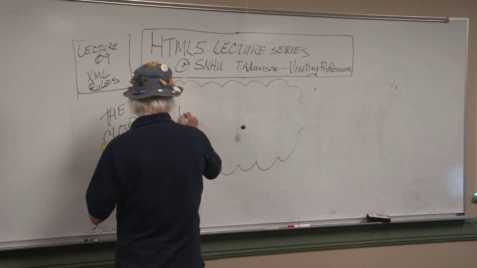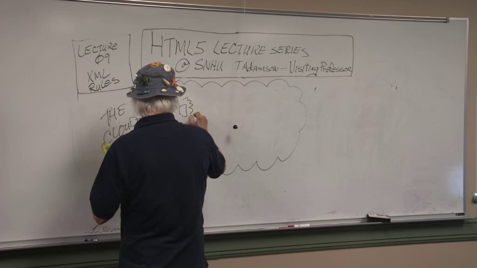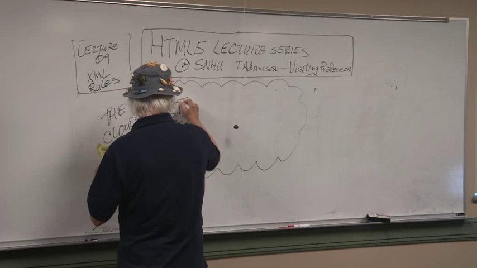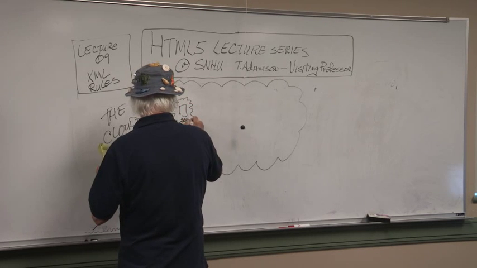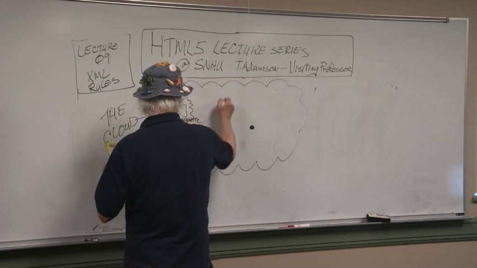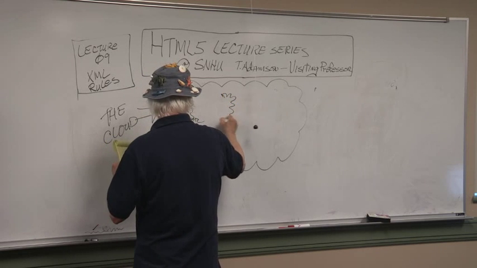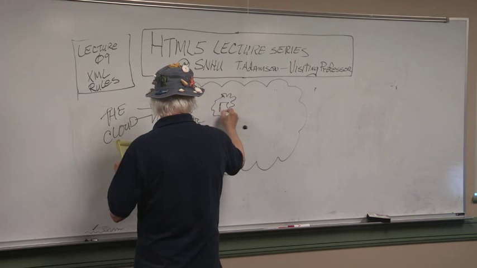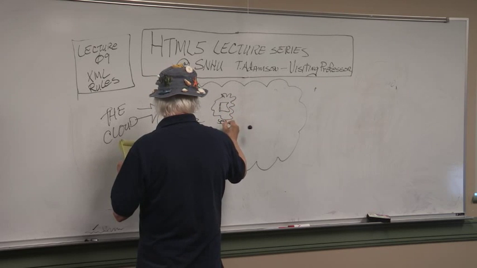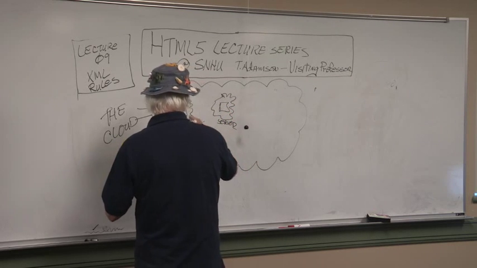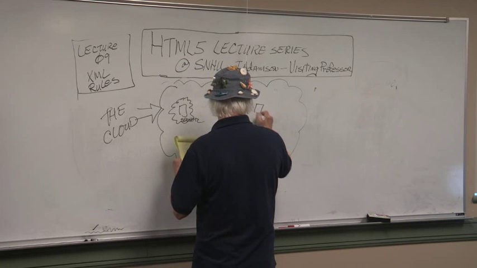And on the cloud are millions and zillions of servers. Here's a server. Here's another server. This might be a Google server. This other one might be an IBM server. Here's another server here.